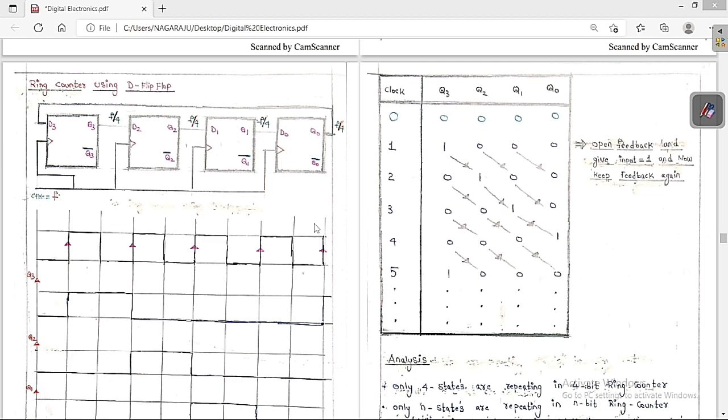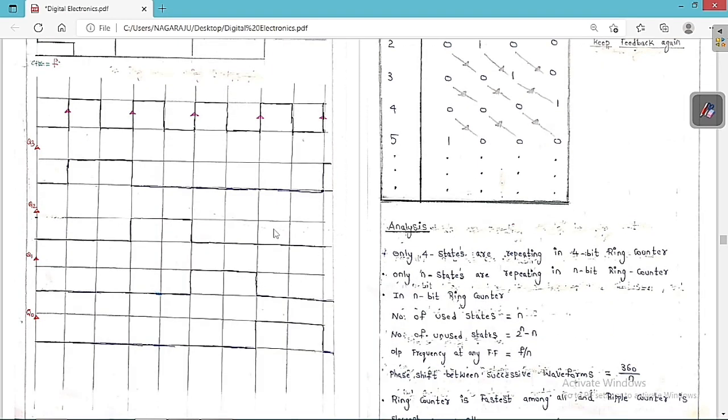Like this we are going to get it here. You can see clearly that whenever the clock is given, this has passed up to here. So now this output has come up to here, this output has come up to here, and this output has come up to here.